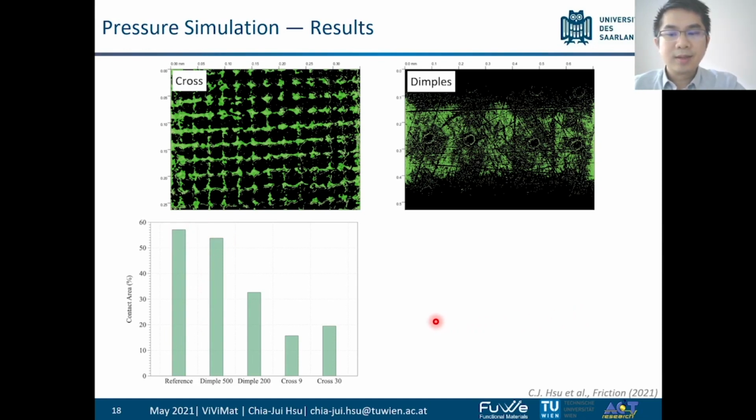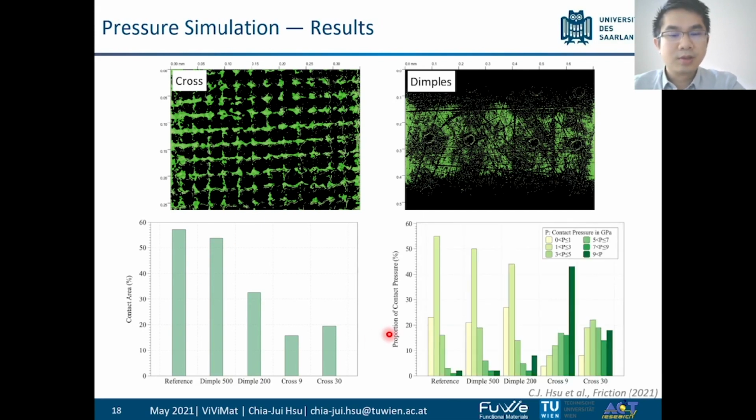And we know that when a contact area is smaller, then we have a larger contact pressure. So we show here the proportion of contact pressure at the right hand side, that we classify the pressure from 0 to 1 gigapascal, 1 to 3 gigapascal.